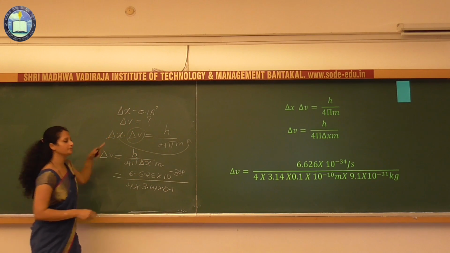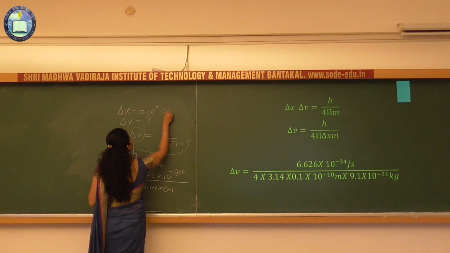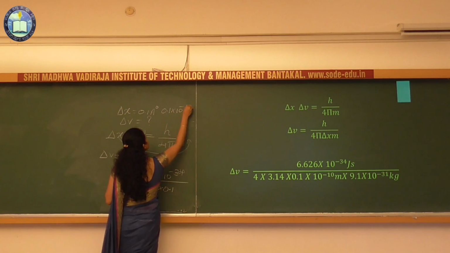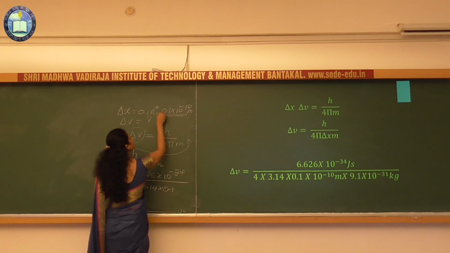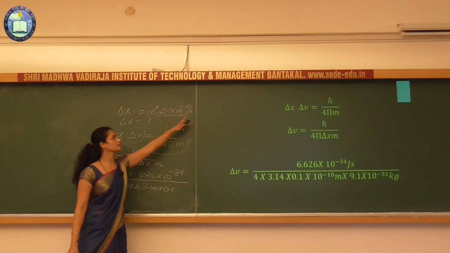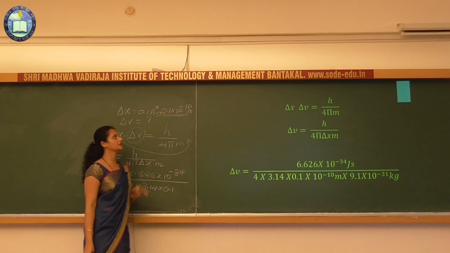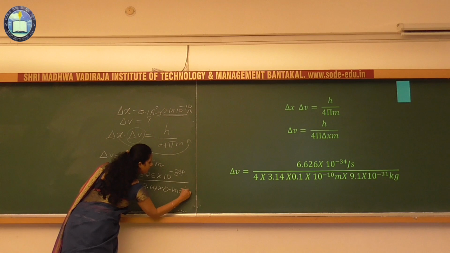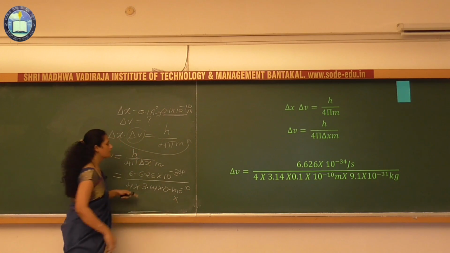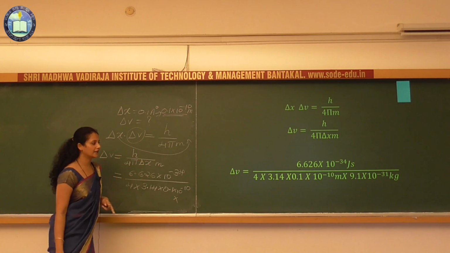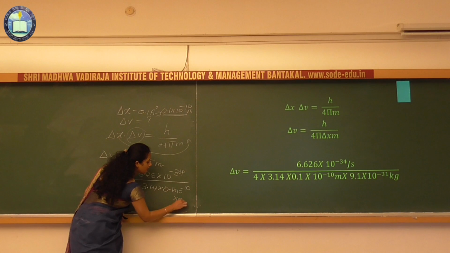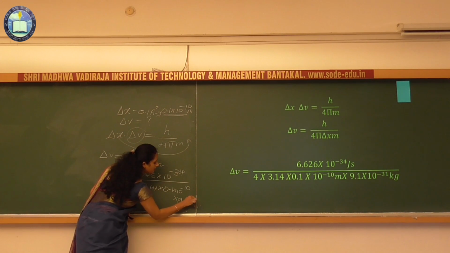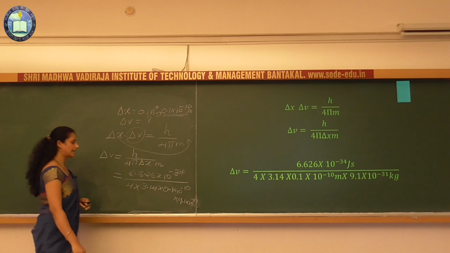Given in angstrom, so multiply by 10 to the power minus 10, so that we have converted angstrom to meter. Into mass of electron, we know that it is 9.1 into 10 to the power minus 31 kg.